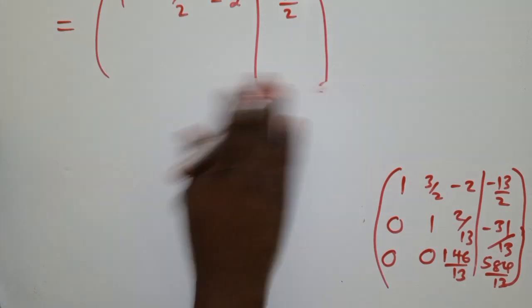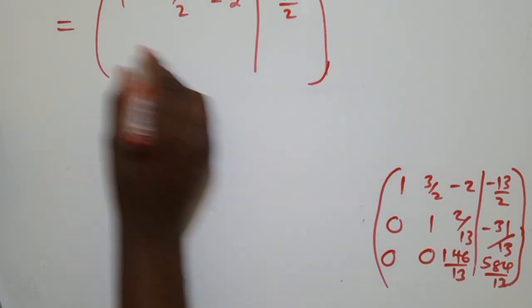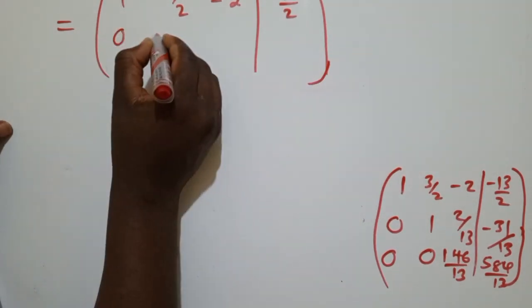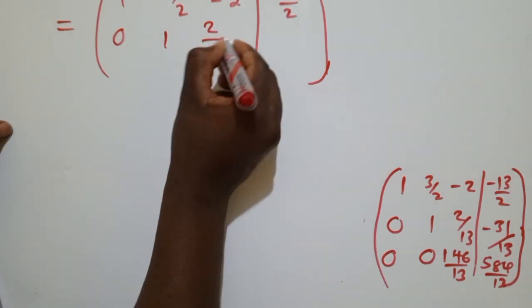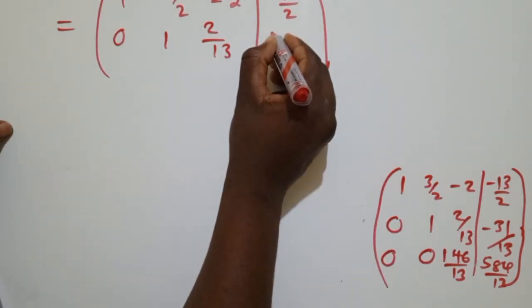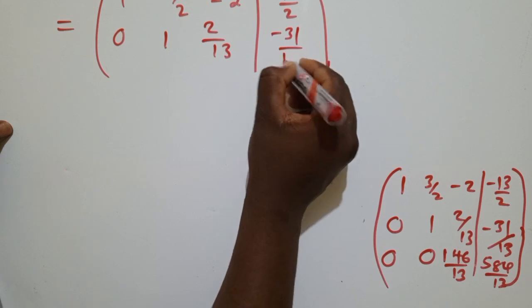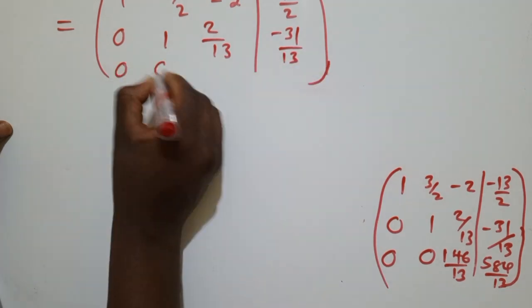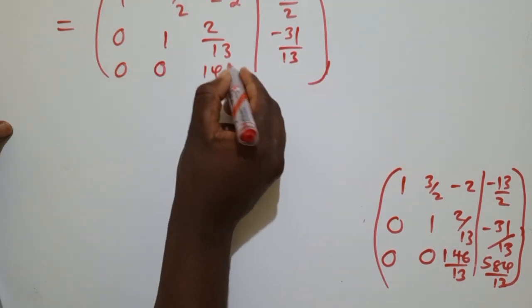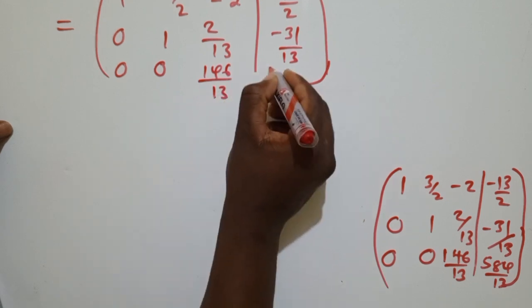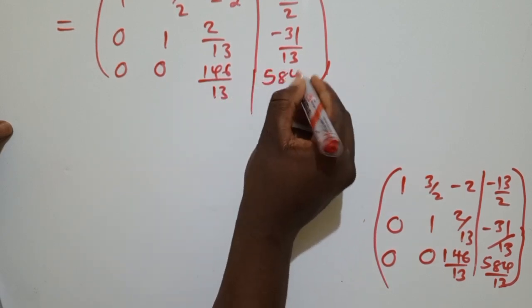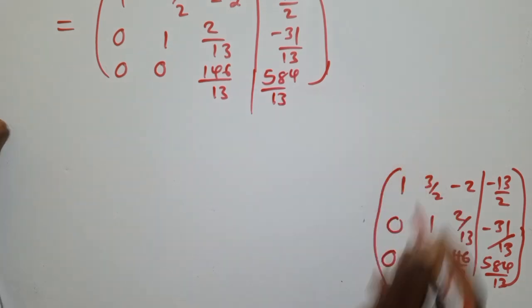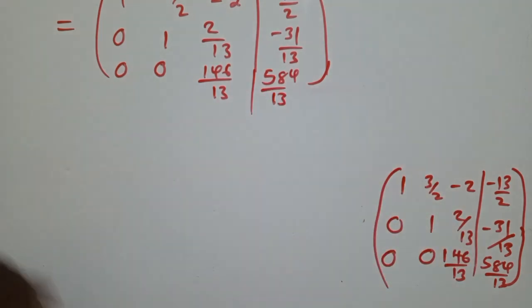And then here, let me write it properly. Here we have 0, 1, 2 over 13, negative 31 over 13, 0, 0, 146 over 13, 584 over 13. So this is the stage where we're at.